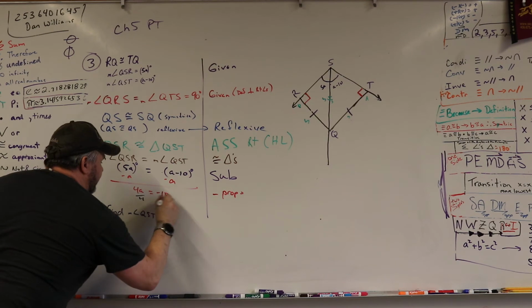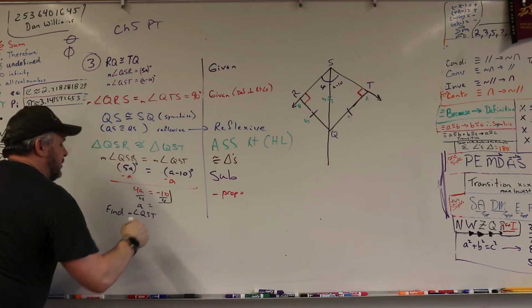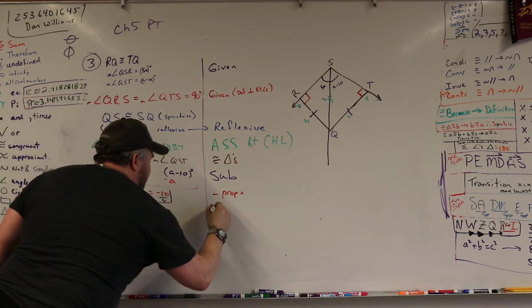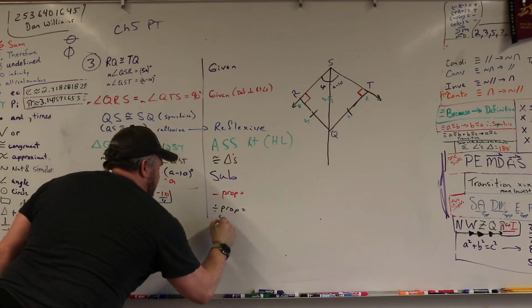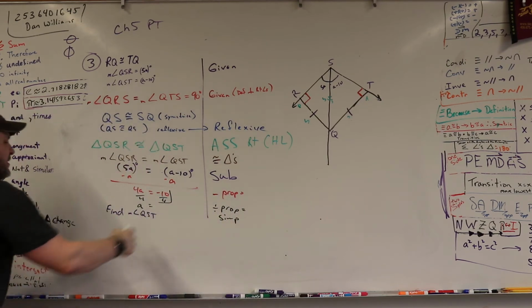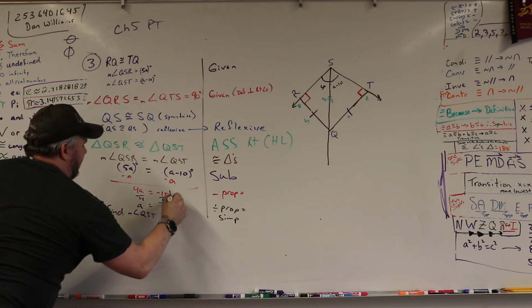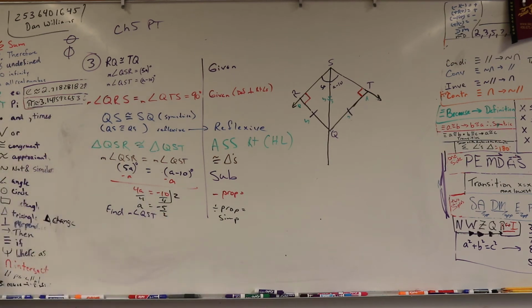Divide by 4, divide by 4. A is equal to, now I'm going to also break it down. So division property of equality, followed by simplifying. And that's going to give me, what goes into 10 and 4, 2. So that will go in there, negative 5 over 2. And that's what A is.